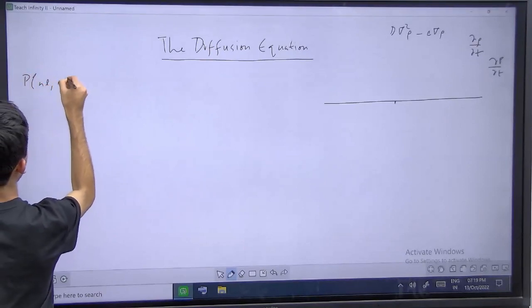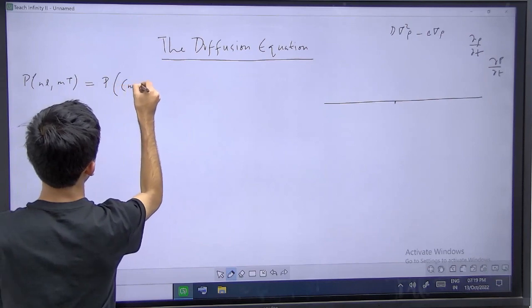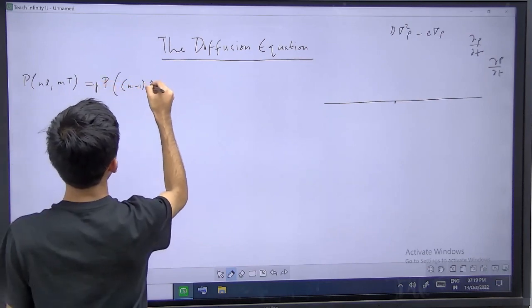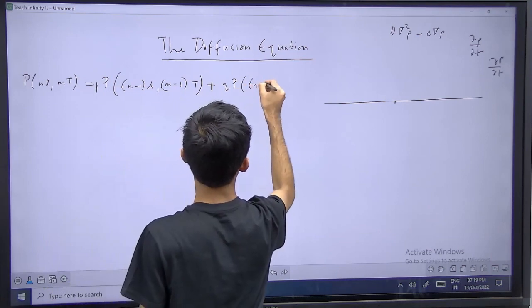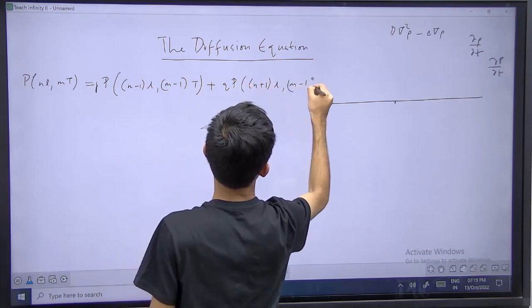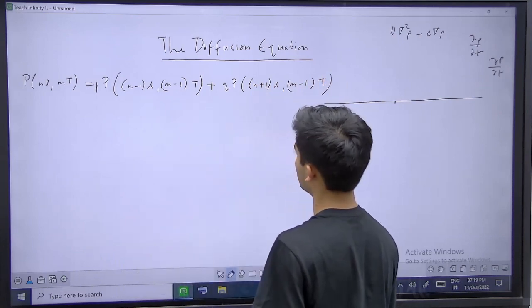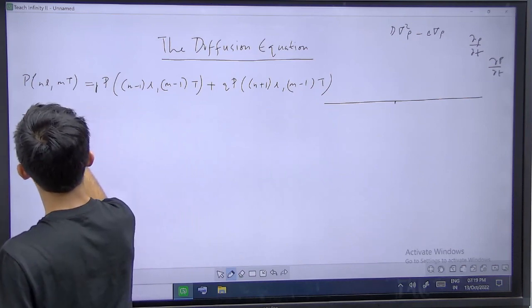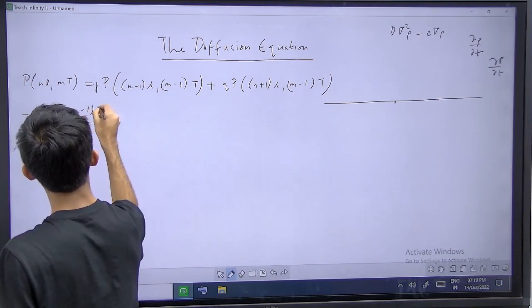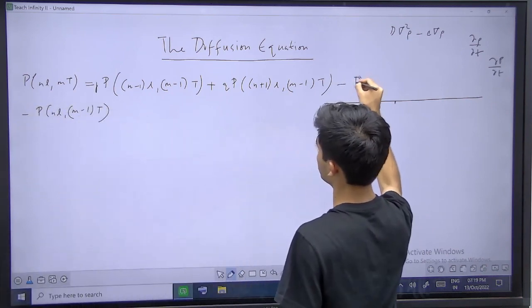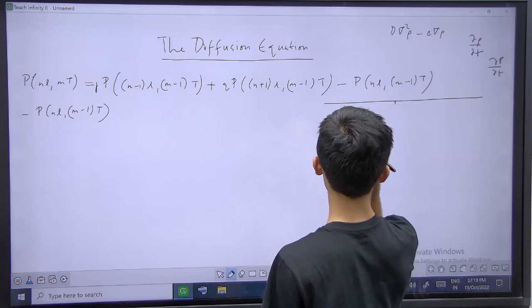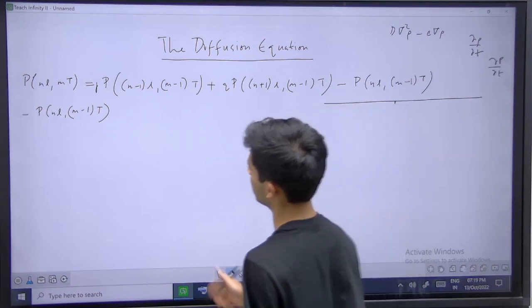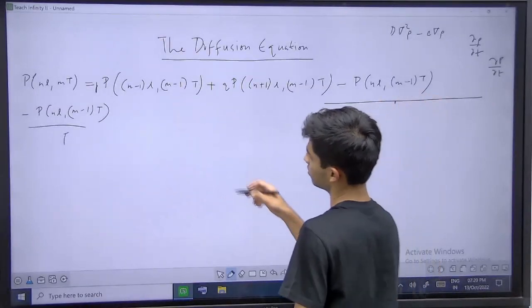P of n, small p times, okay, and I had subtracted p of nL and m minus 1, minus p of nL and m minus 1, okay, and divided by T, and this also is multiplied by T inverse.